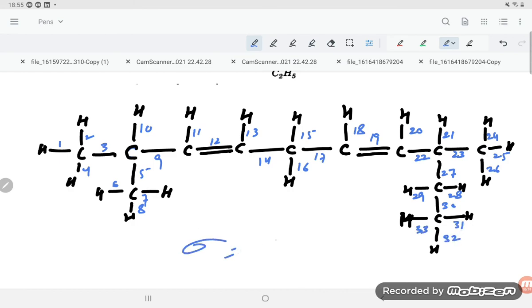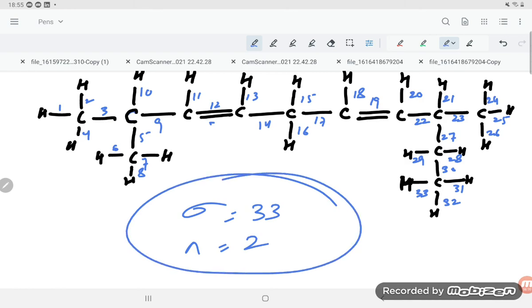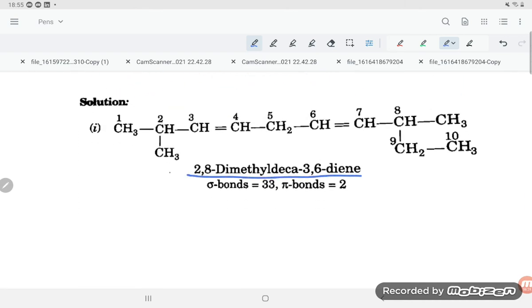So sigma bond is how much, student? That is 33. Pi bond how many? 1, 2. This is our required answer, student. You can read out the slides also. Here is 2, 8 dimethyl decane, deca 3, 6 diene. Sigma bond 33, pi bond 2. So this is our required answer, student.